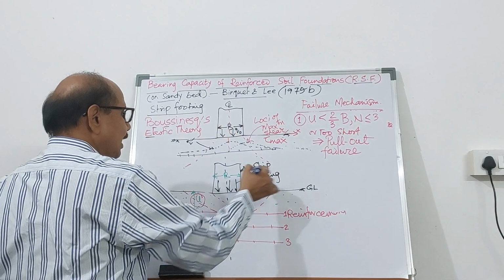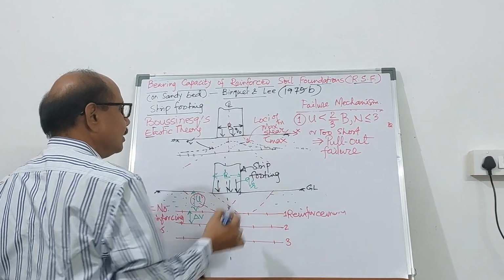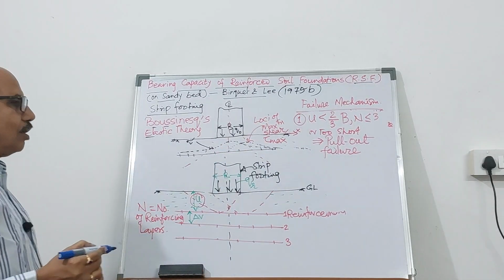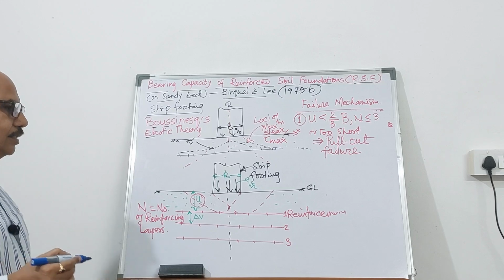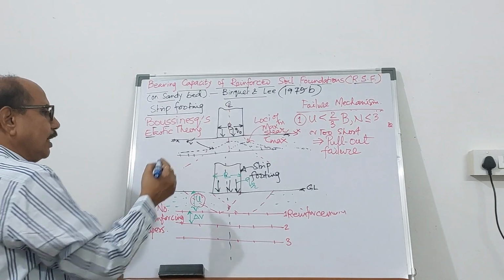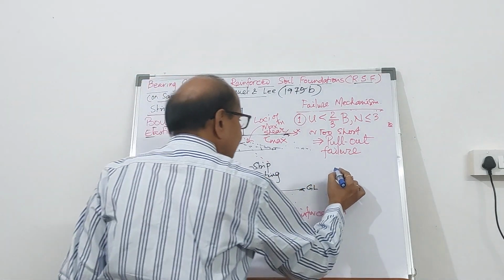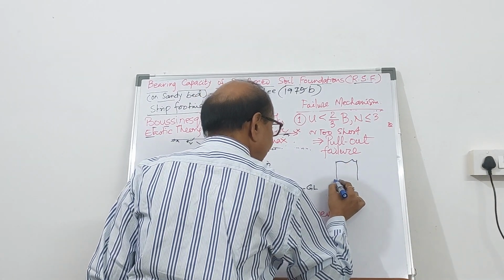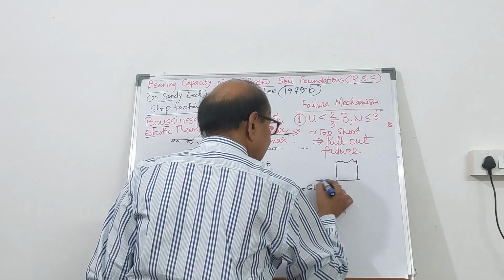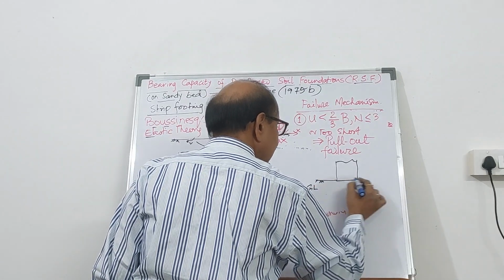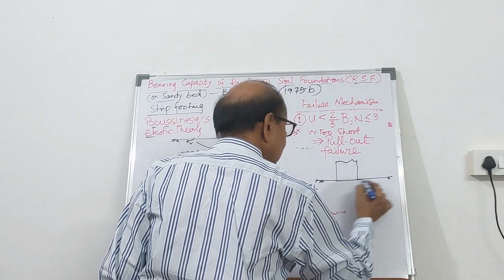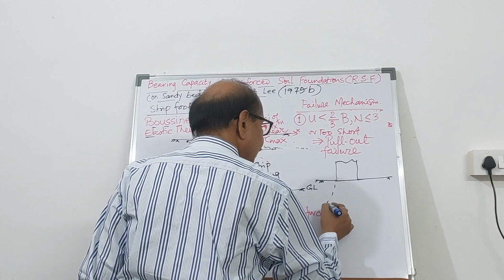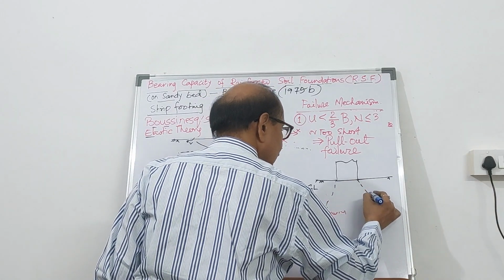So this line is the locus of maximum shear, and therefore this strip footing, which is resting over the ground, can be divided into different zones.